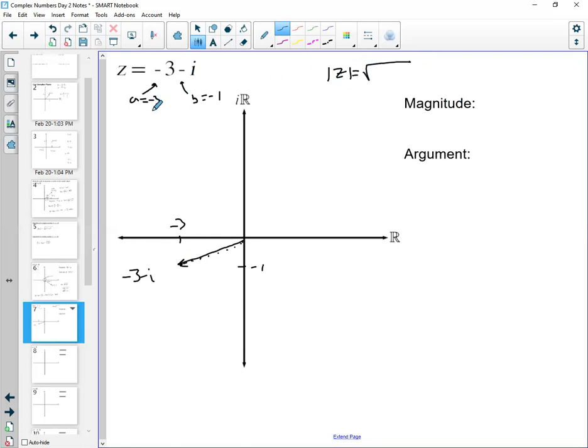So the magnitude is the square root of 9 plus 1, which is the square root of 10. That was pretty easy. Argument's a tricky one. So I do the inverse tangent of b over a, which is the inverse tangent of 1/3, which is 18.4.